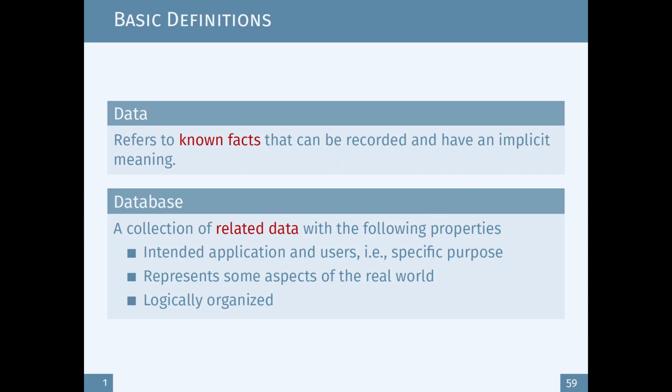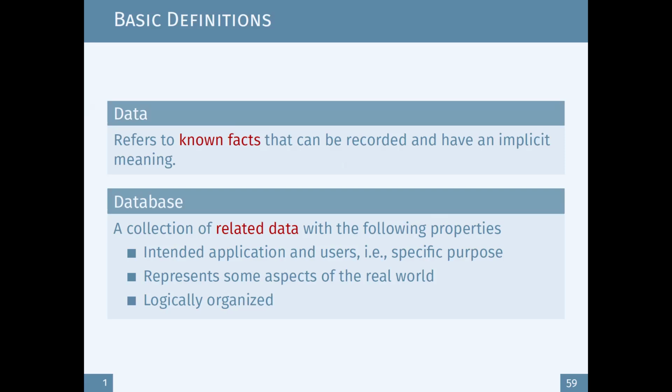So starting from a collection of related data, you think about the intended application and the users. For example, if we take the university environment and we have a student management system, then we have different users. As I told you earlier, we can have students, lecturers, and also maybe some administrative staff.